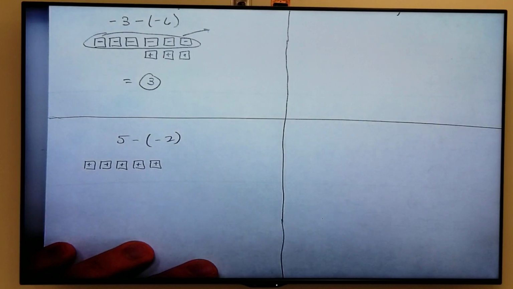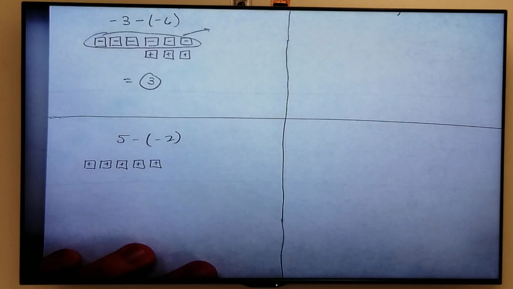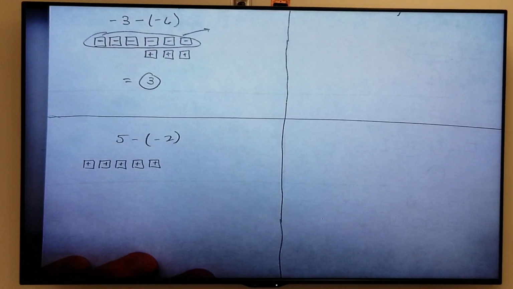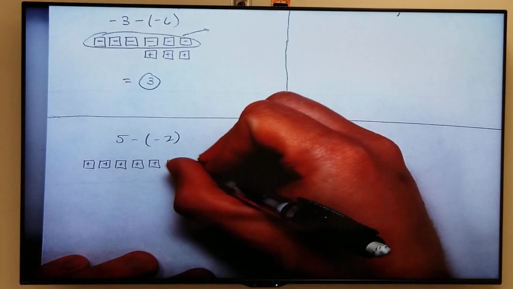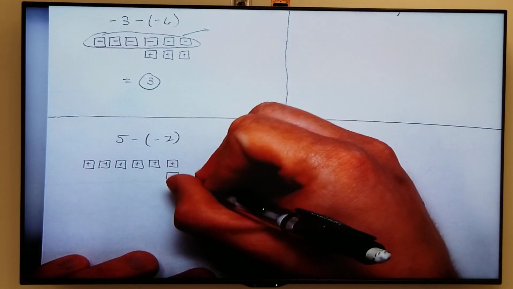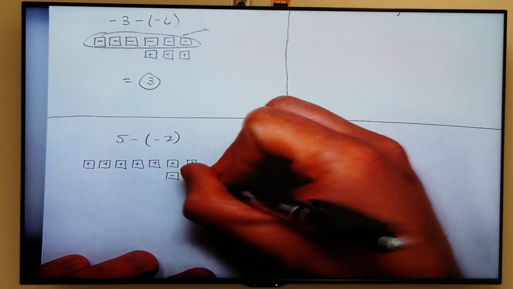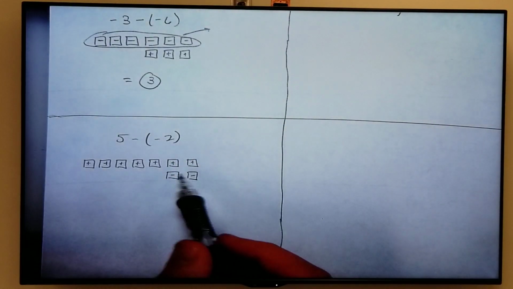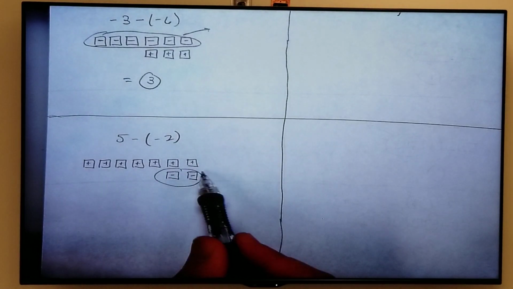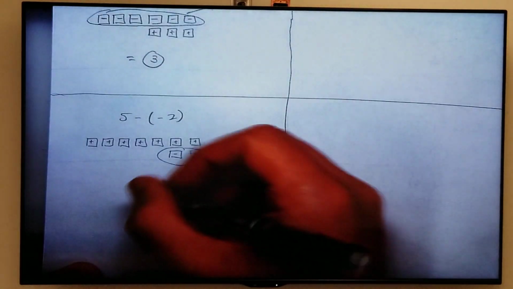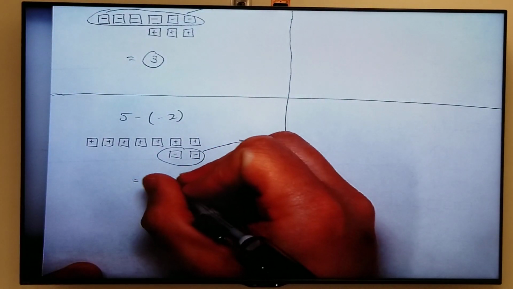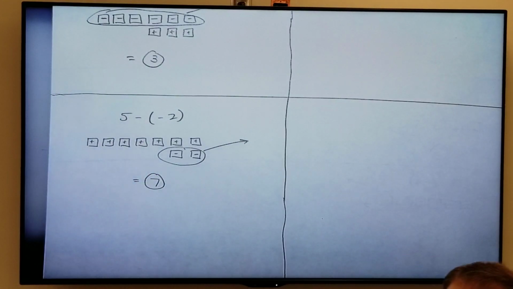I want to take away 2 negative tiles, but I don't have any negative tiles yet. So I need to add some 0 pairs so that I have 2 negative tiles to take away. Right? Now I take those away, and I'm left with 7 positive tiles.